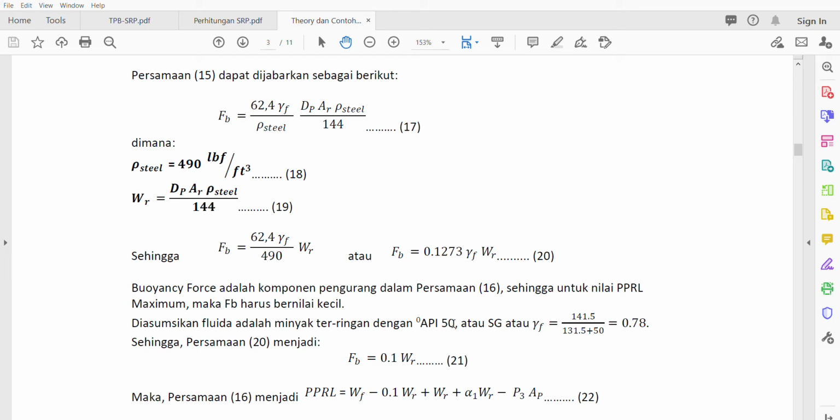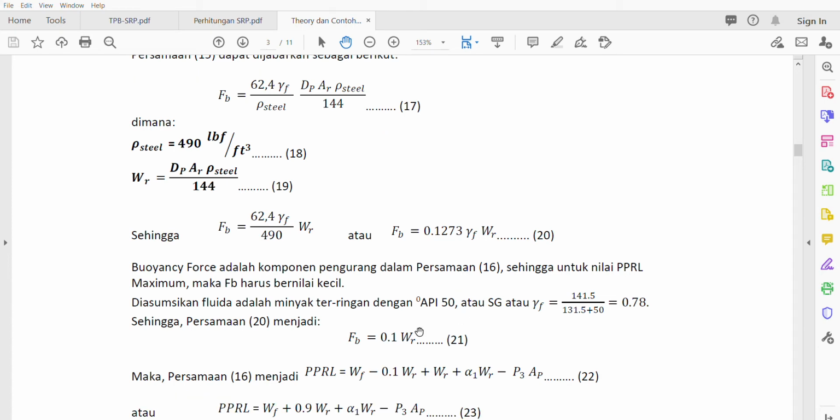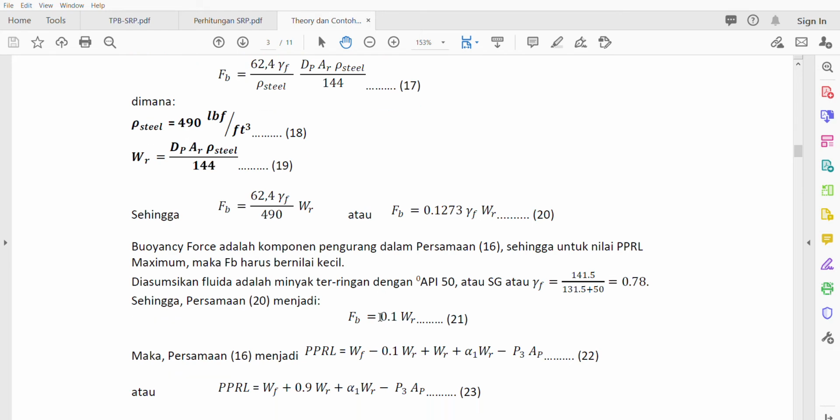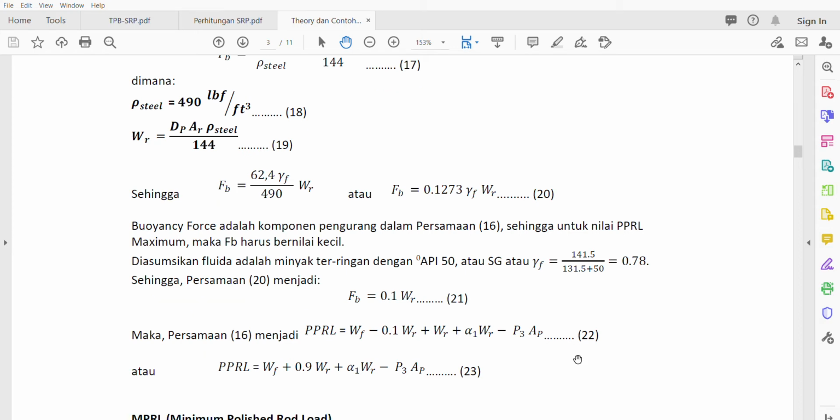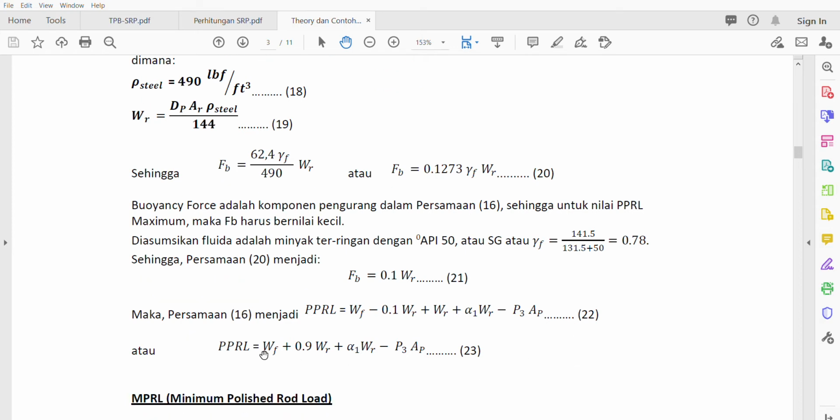Okay, because everything goes down, buoyant is going up, so we choose the lightest oil. So in order to have the very heavy force going to the bottom, from this one becomes this equation. So equation 16 becomes this long equation, or PPRL, if you rearrange everything, becomes this equation.